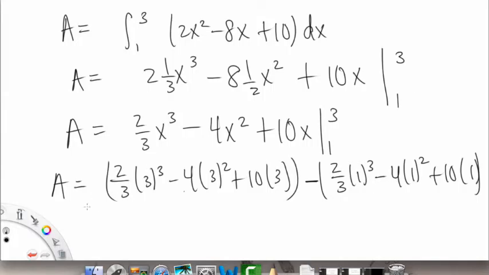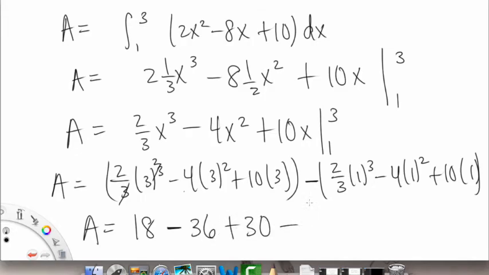Okay, so simplifying, we get area is equal to, so here this 3 and this 3 cancel, so we get 2 times 3 squared, so that's 2 times 9, so that'll be an 18, and then minus 4 times 9, so that'll be a 36, plus a 30, minus 2 over 3, and then minus a 4 plus a 10. Okay, so let's continue this one on the next slide.